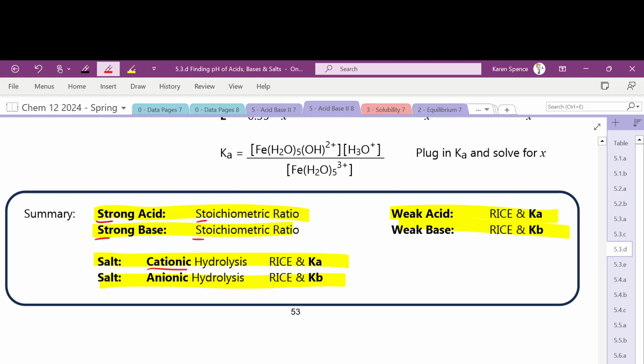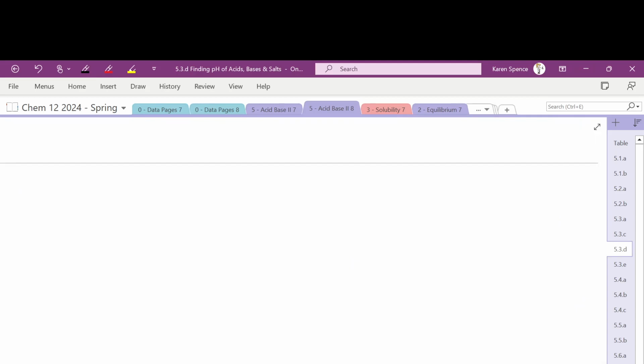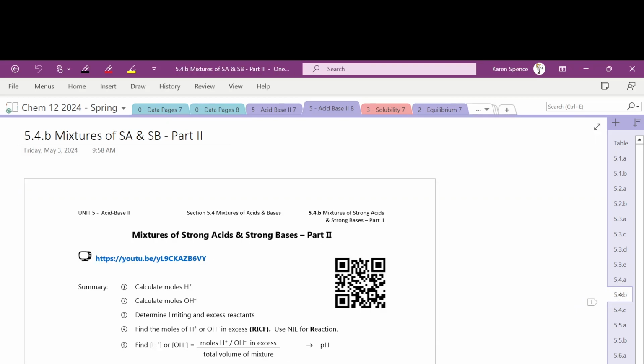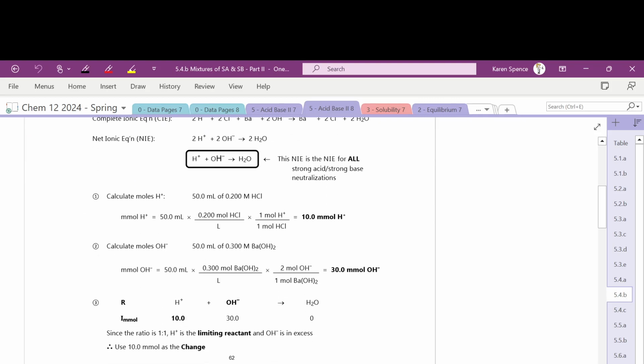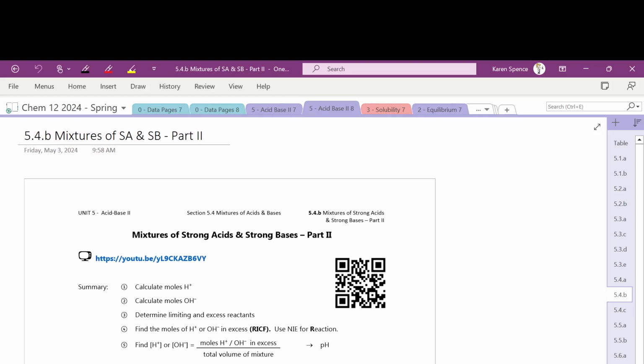Cationic hydrolysis is acidic. Anionic hydrolysis is basic. RICE and Ka for weak acid, RICE and Kb for weak base. And that's it for that. Yay! And we are now moving on to page 62.